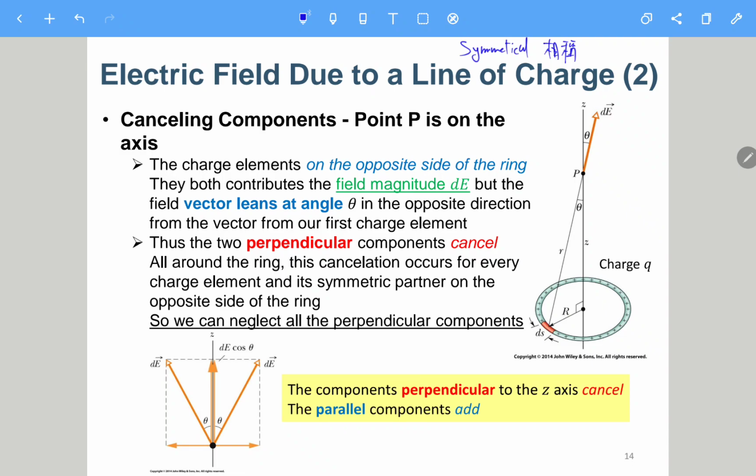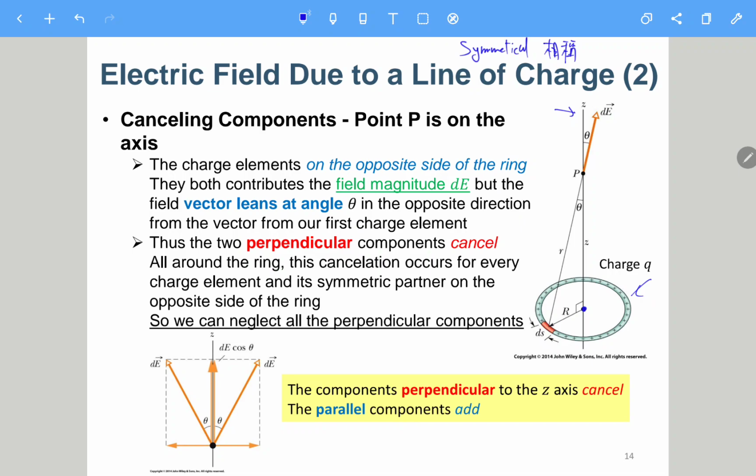And in that case, for a symmetrical structure, generally we can find something cancelable. Here this is a perfect circle, and this axis goes through the center of the ring and is perpendicular to it. So similar to the dipole, we can only calculate the E field generated by this structure on this z-axis.